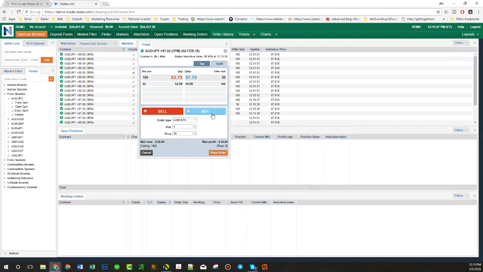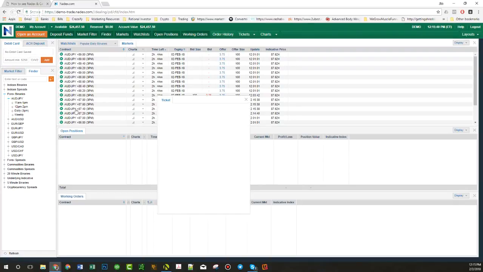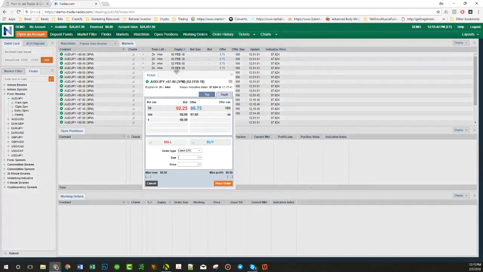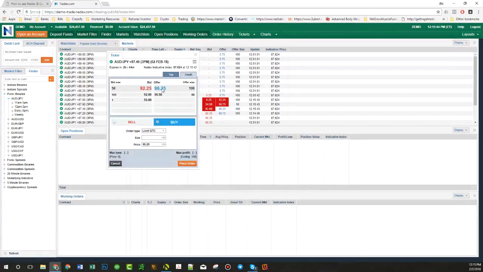Now I believe that I'm willing to spend $80 to be on the buy side, and let's say that is the current offer price of 80 bucks. And you can see, like this guy, do you see how there is $96 as your current offer? That means people are really, really sure at this moment in time that the price at 3 o'clock is going to be above $87.40.